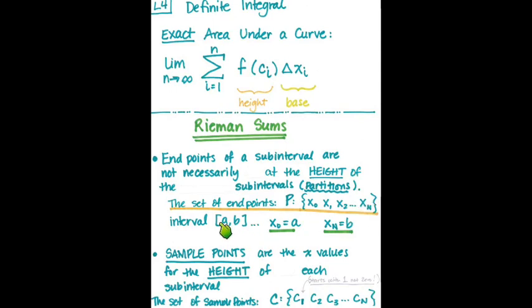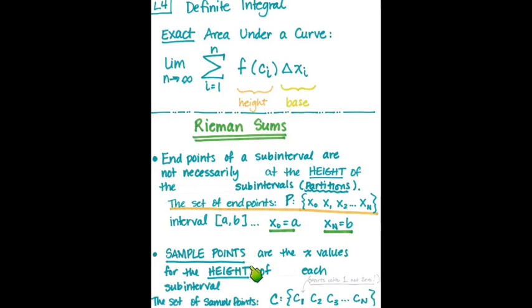The interval would be from a to b, meaning this x sub 0 is your a, and the very last endpoint, x sub n, would be your b. Okay, so there's always going to be one more endpoint than there are rectangles.